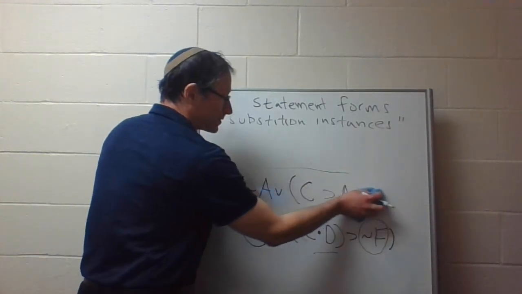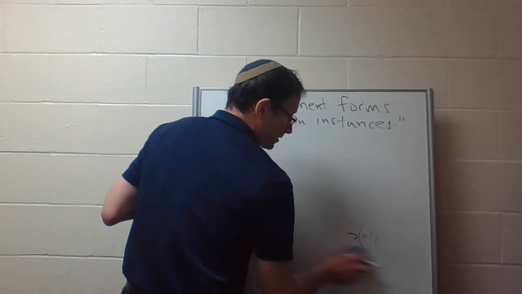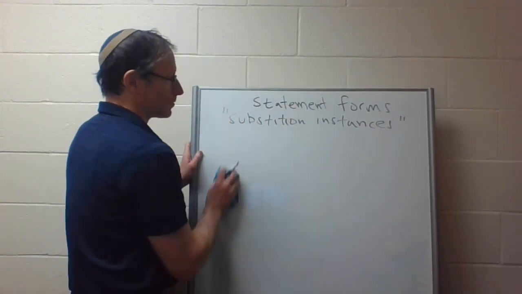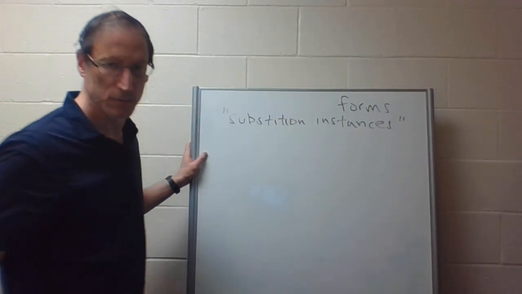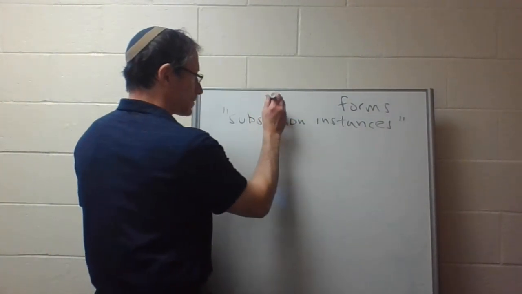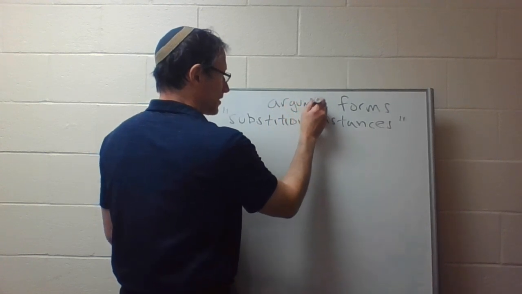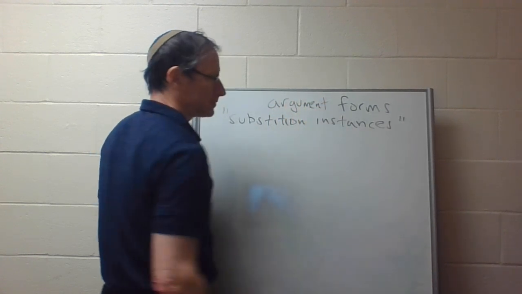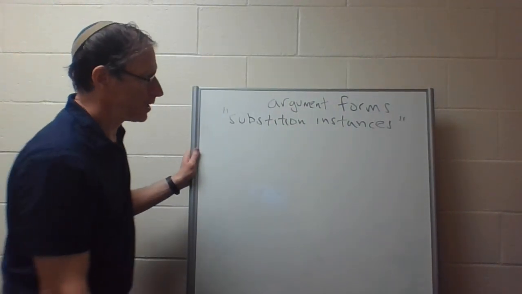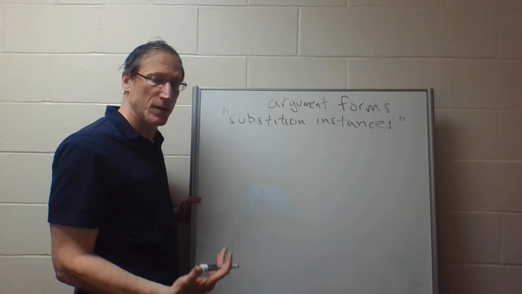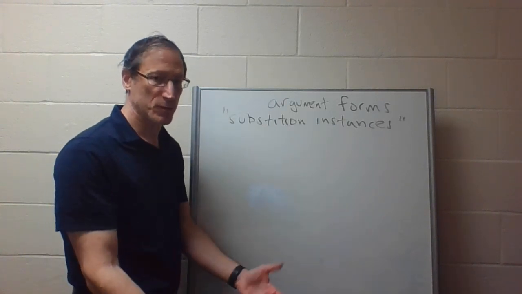Now let's talk about argument forms. In particular, we're going to talk about some valid and maybe some invalid argument forms. An argument form is an argument that's made up of statement forms.